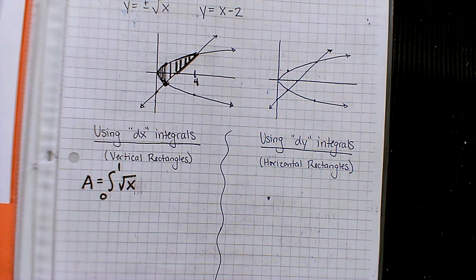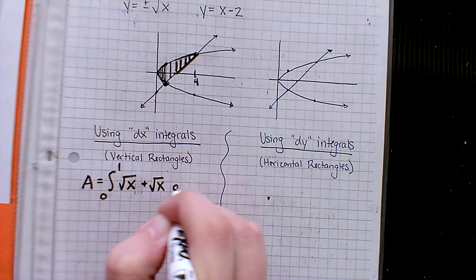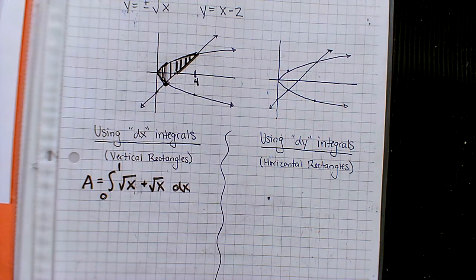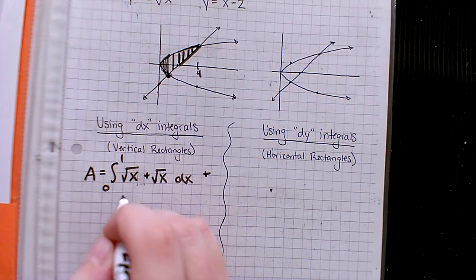And then we have to subtract the bottom function, which was a negative square root, but if you subtract a negative, that would change to a plus. We still have more area to calculate, though.